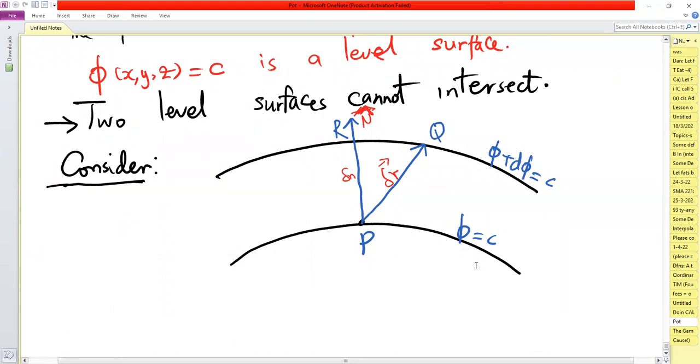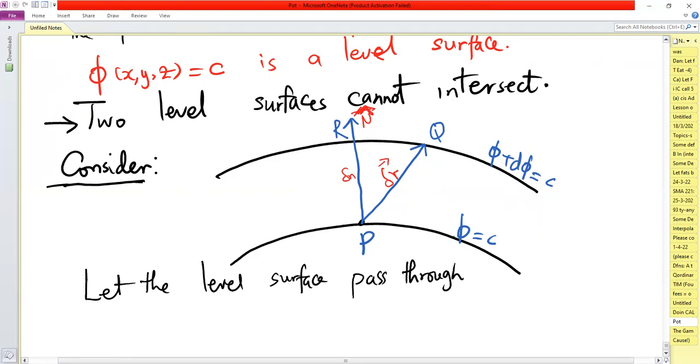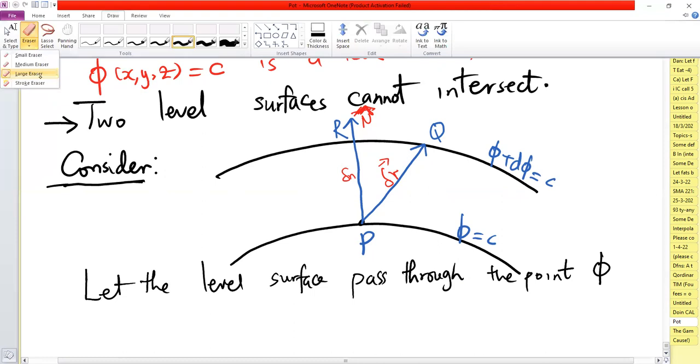So let the level surface through the point P at which the value of the function is phi pass through the point P.